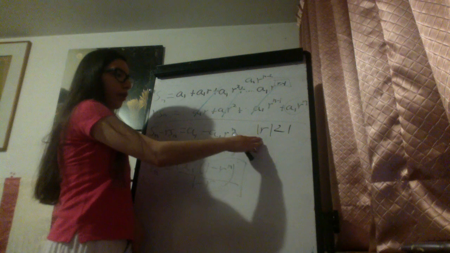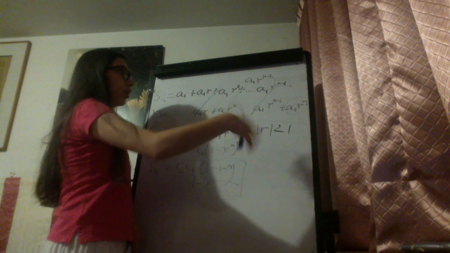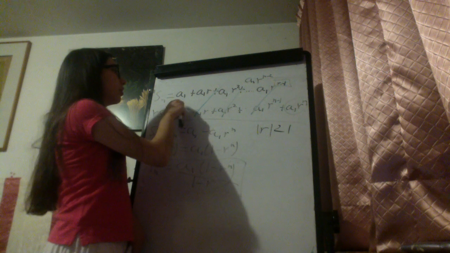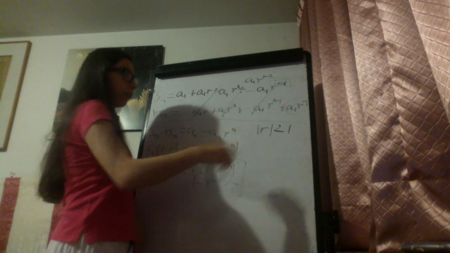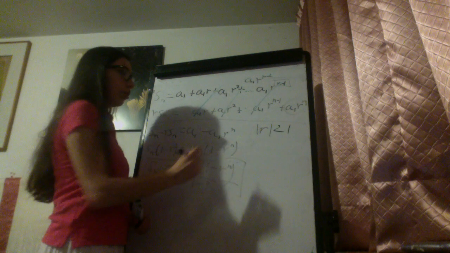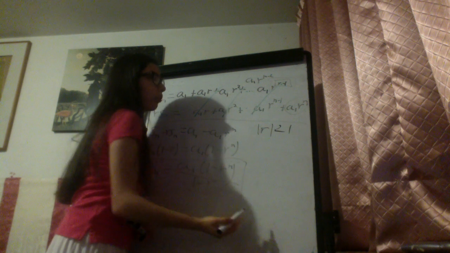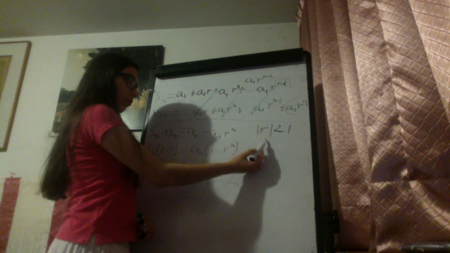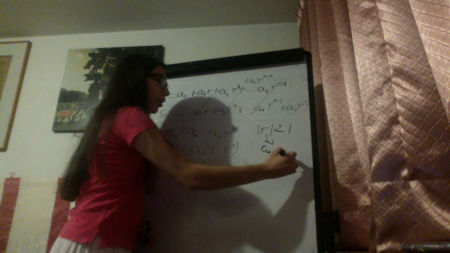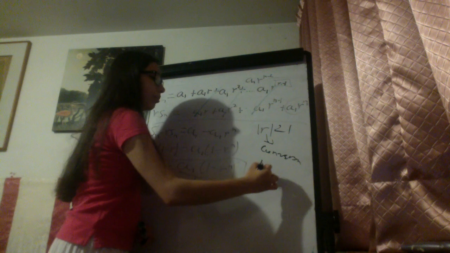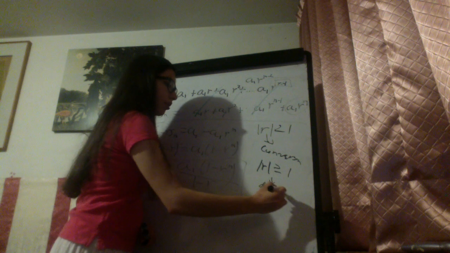But if we are multiplying by something greater or equal to 1, we are always adding the first term or the sum of the terms plus something else. So it's not less than or equal, it's just less than 1. So if the absolute value of r is less than 1, then the series converges. If the absolute value of r is greater or equal to 1, the series diverges.